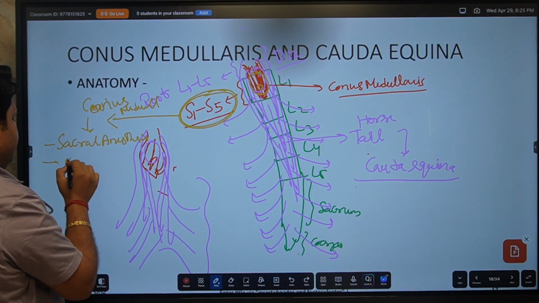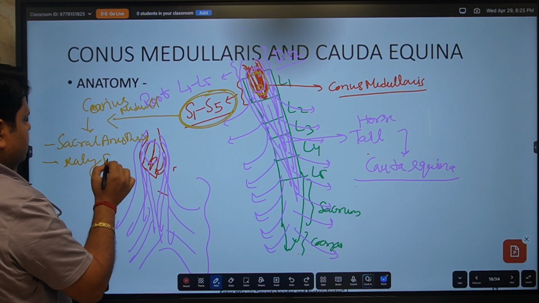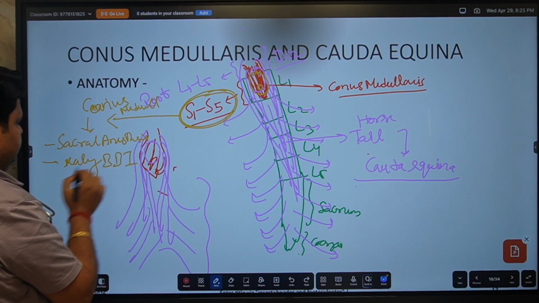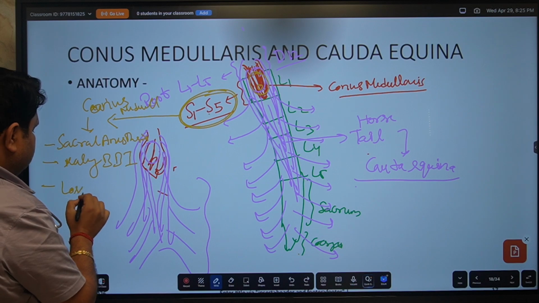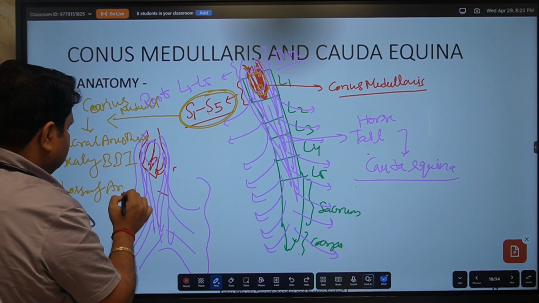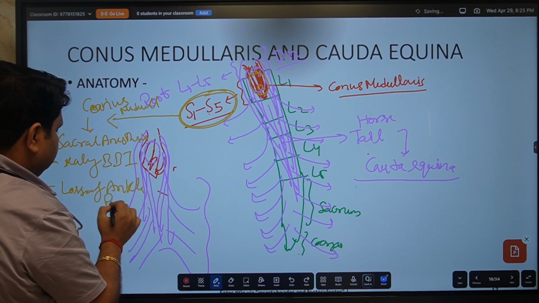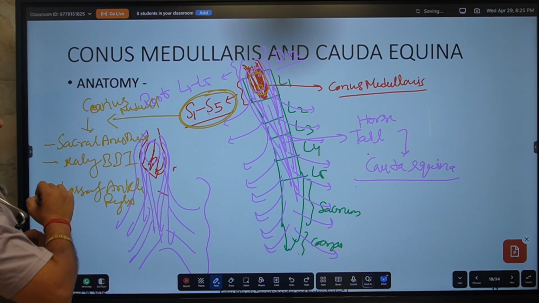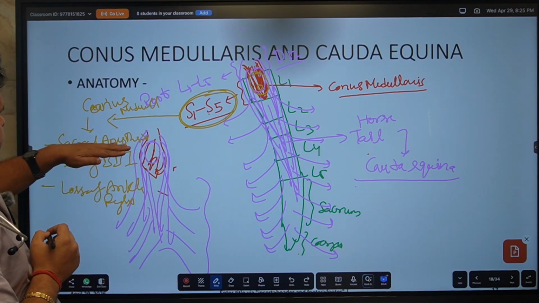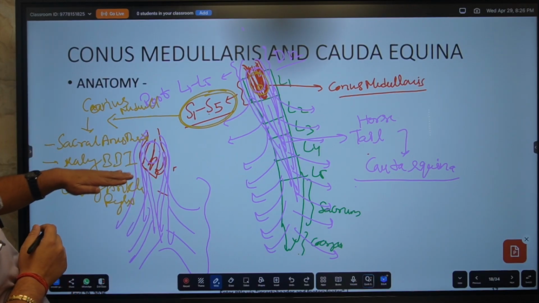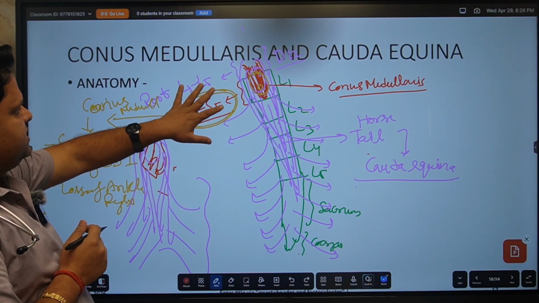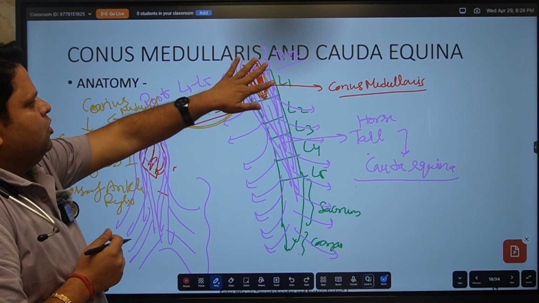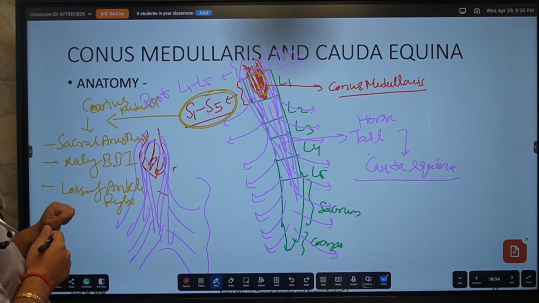So early bladder bowel involvement and loss of ankle reflex. So saddle anesthesia, early bladder bowel involvement and loss of ankle reflex are seen in a conus medullaris lesion, that is, involvement of the last terminal part of the spinal cord.